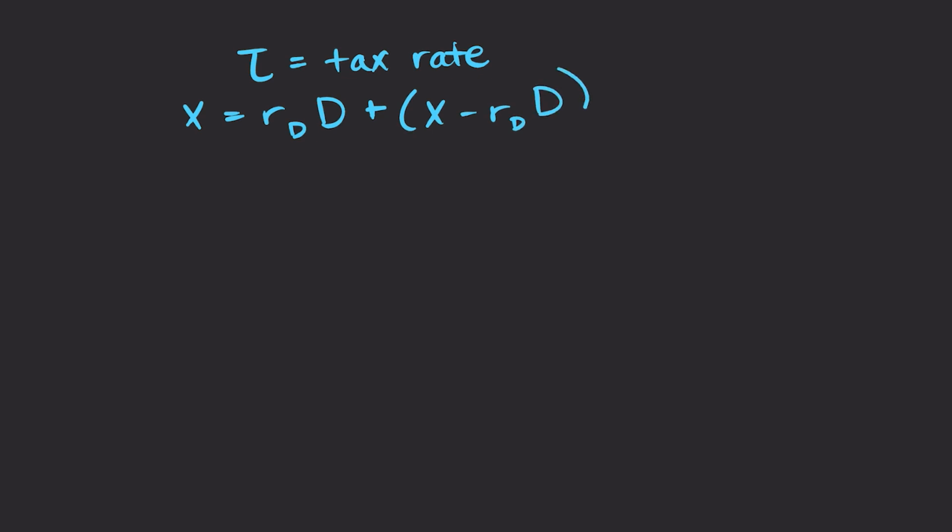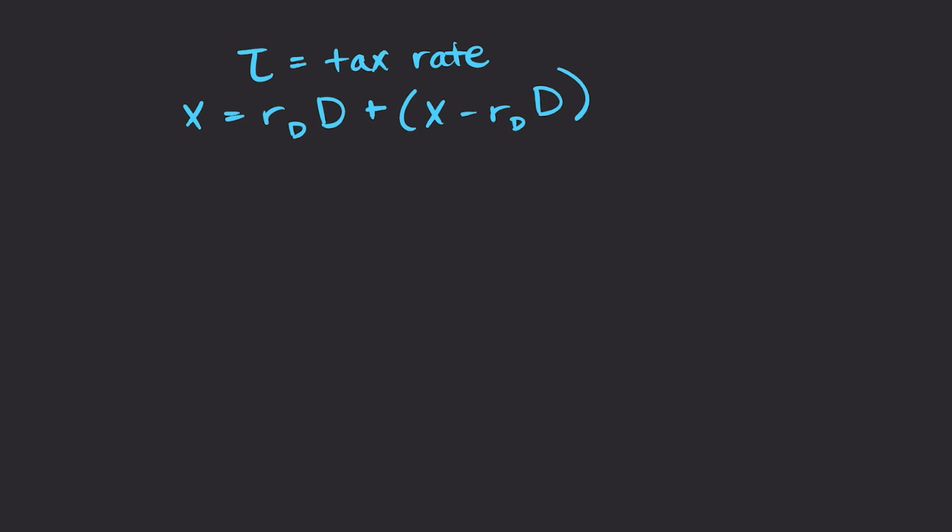One of the assumptions that Modigliani and Miller made was that there were no taxes, but of course, in reality, there are taxes. So how do taxes change this calculation? Specifically, taxes matter because interest payments are tax deductible, but dividend payments are not. So if I have tau being the corporate tax rate, and I have the same cash flows, X is going to be equal to the interest payments plus the dividend payments.